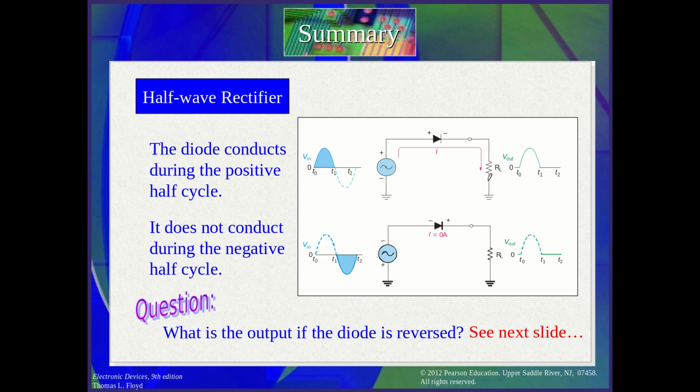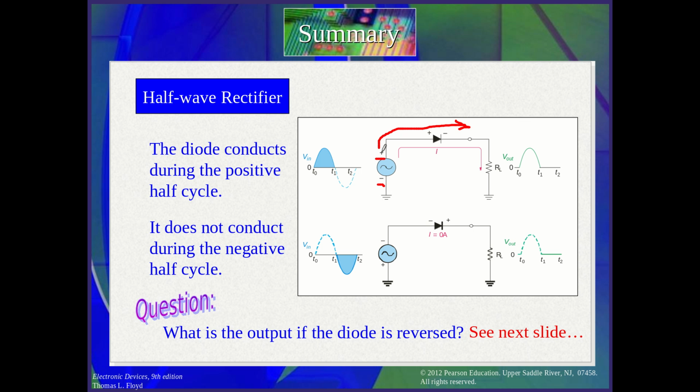This is our resistance. Now if the source has plus and minus on this side, the current will go this way. Now let's see the diode conducts during the positive half cycle.